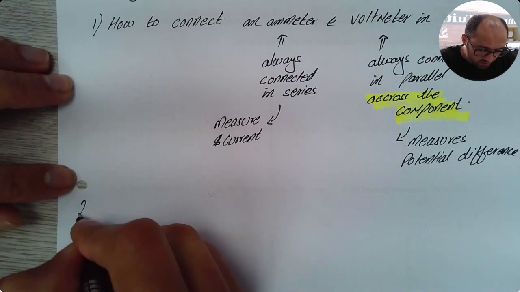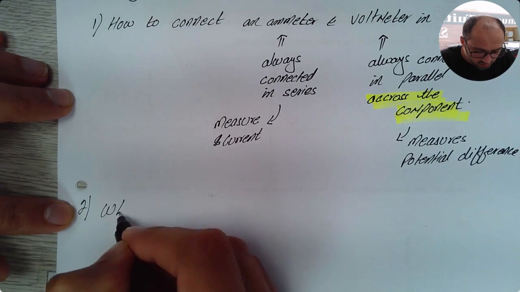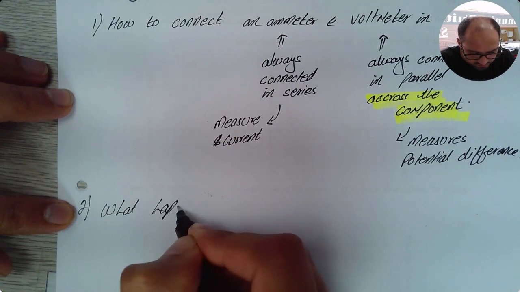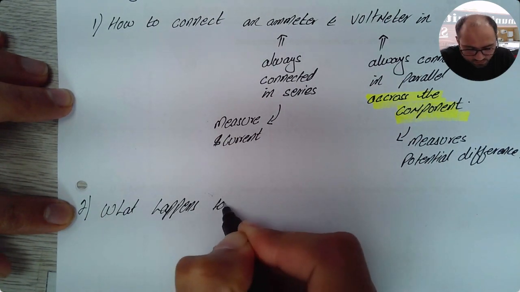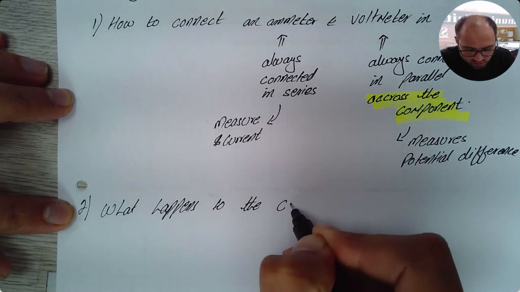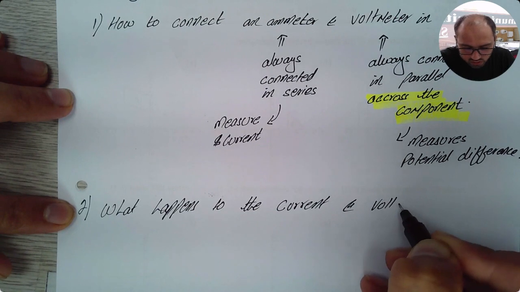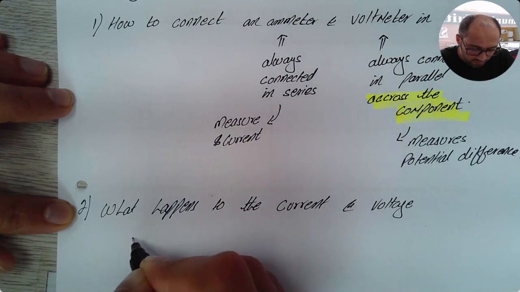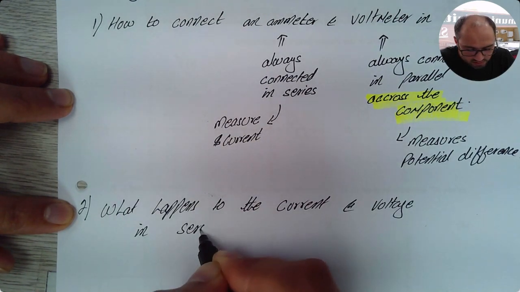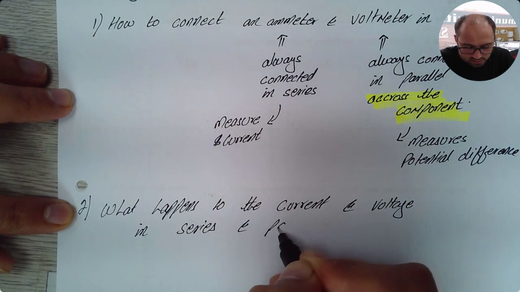Second bit that you need to know is what happens to the current and voltage in series and parallel circuits.